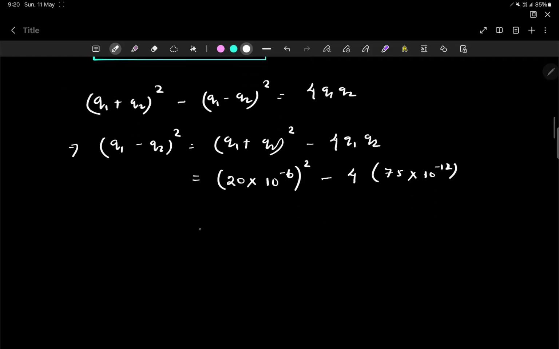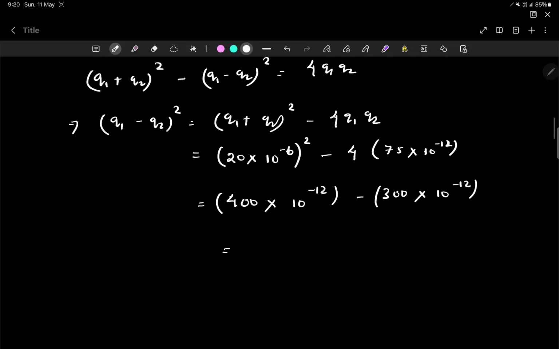So this will be 20 square is 400 into 10 to the power minus 12 minus 4 into 75, that is 300 into 10 to the power minus 12. If you take 10 to the power minus 12 common, then 400 minus 300 is 100 into 10 to the power minus 12. Keep it like this. So this is the value of Q1 minus Q2 whole square.